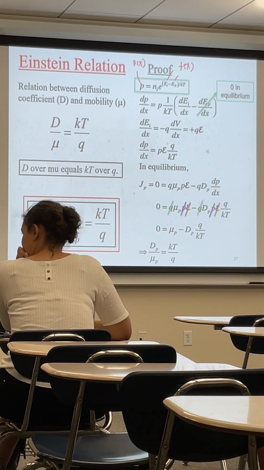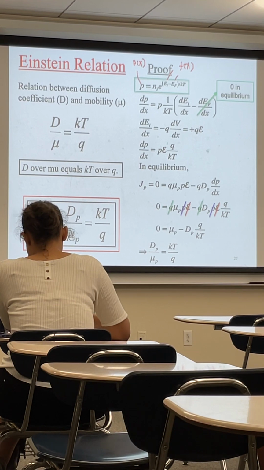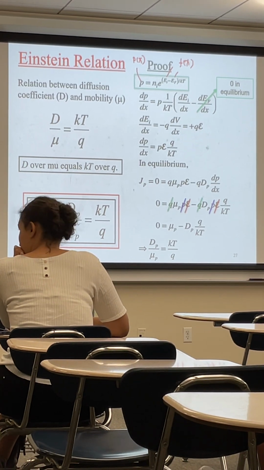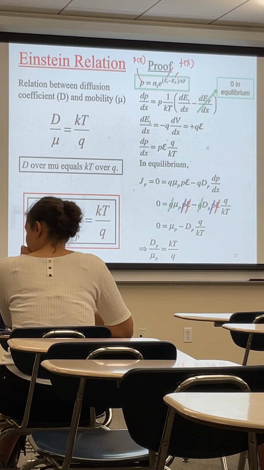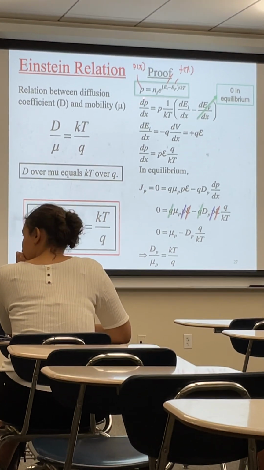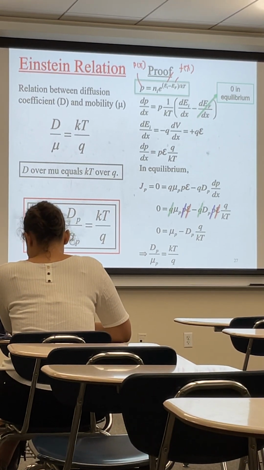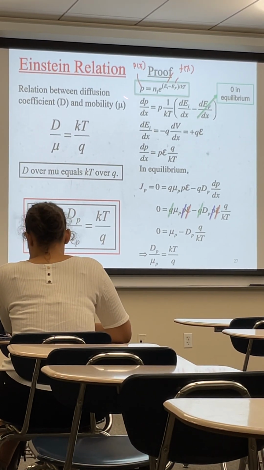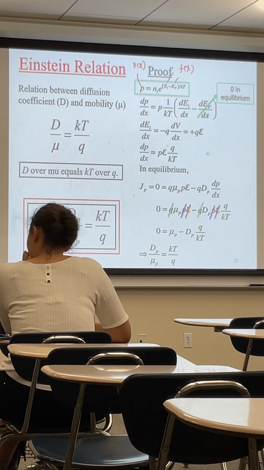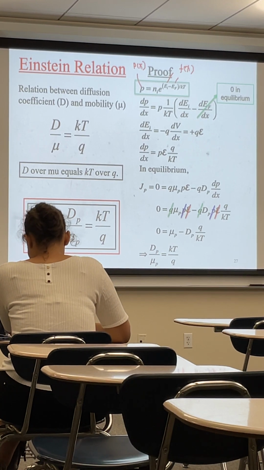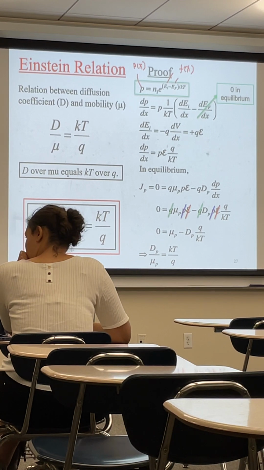Okay, so now what's this? Is this n or p? This will be p. Yes, this is p. That's why you can get this expression here: p times 1 over kT times dE_i over dx minus dE_F over dx.